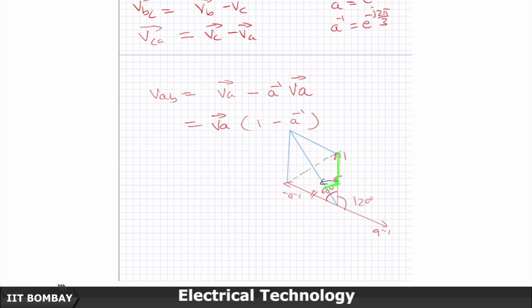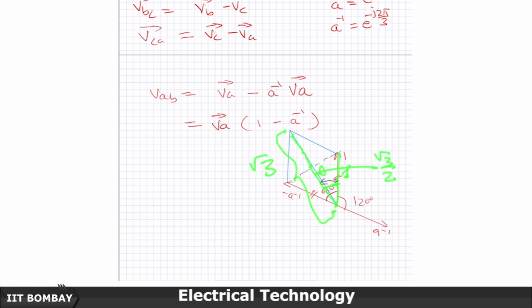So, therefore, 1 will be projected by cos 30 degrees. So, therefore, this length is going to be just root 3 by 2, and by symmetry this is also root 3 by 2. So, therefore, the whole of this length is going to be equal to 2 into root 3 by 2 or equal to root 3.